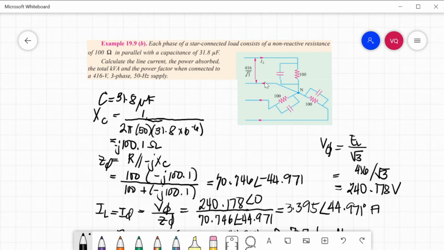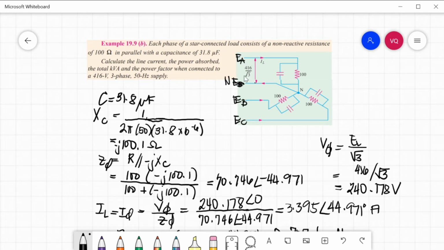This is the neutral, this is our phase A, phase B, and phase C. The voltage between the line and the neutral is the phase voltage.